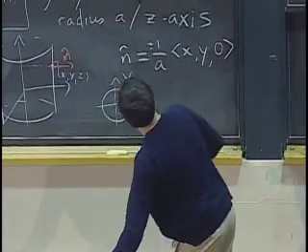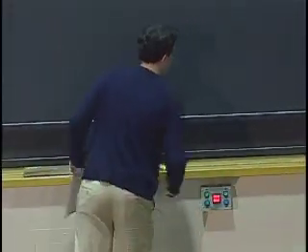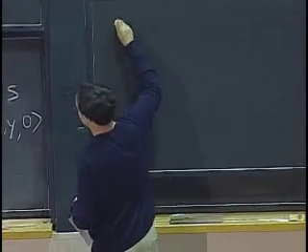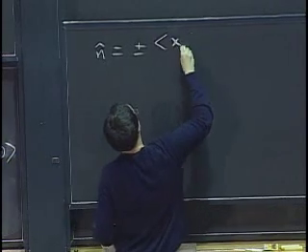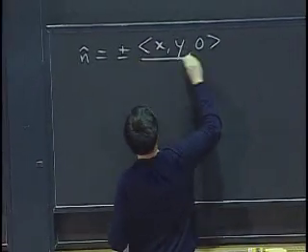So on our cylinder, the normal vector is plus or minus x, y, 0 over a.